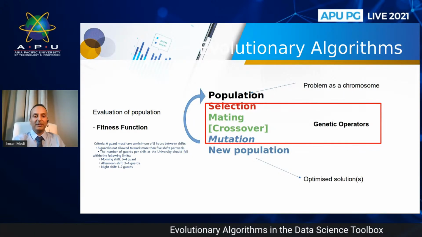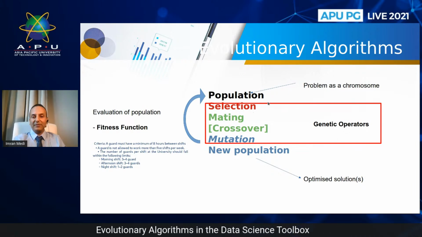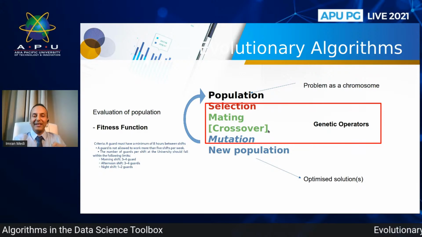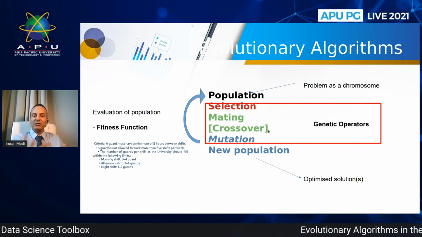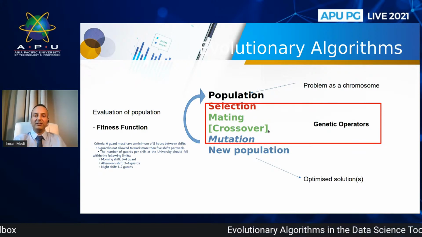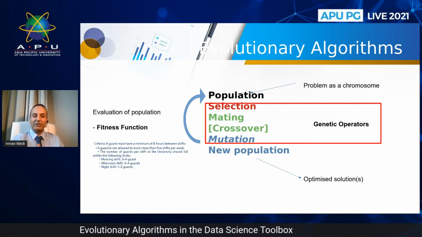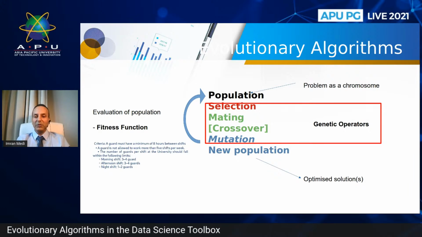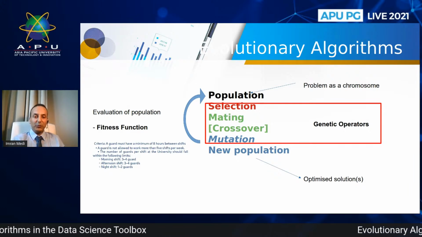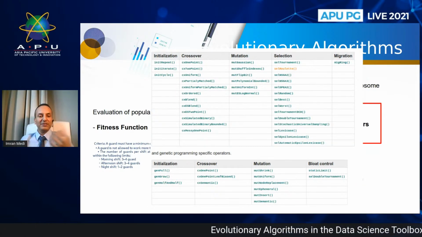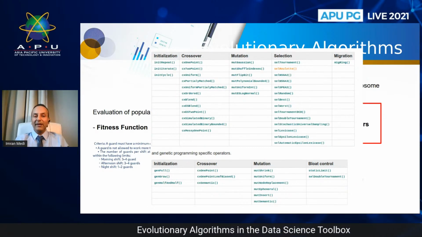And so you'll see that there are these things here, this middle section is highlighted. We can selectively apply those genetic operators in terms of how we select individuals to be parents, how they cross over, how they go through that mating process, and how we then apply mutation before creating a new population. So there are a number of different genetic operators, and this is just some available through Python.